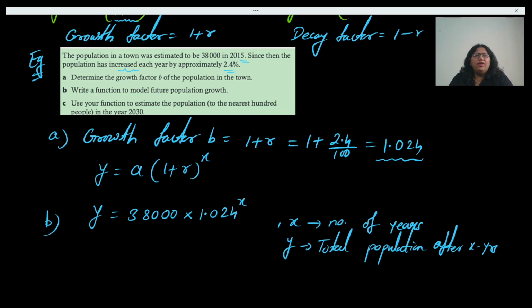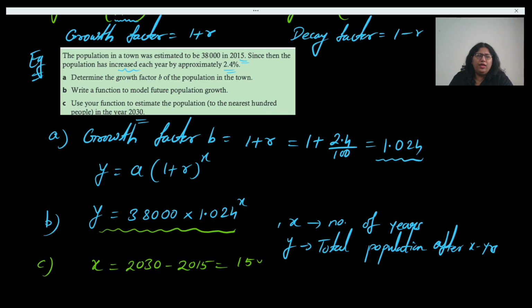Use your function to estimate the population to the nearest 100 people in 2030. With x as the number of years, from 2015 to 2030 we first need to find x. 2030 minus 2015 is 15 years.